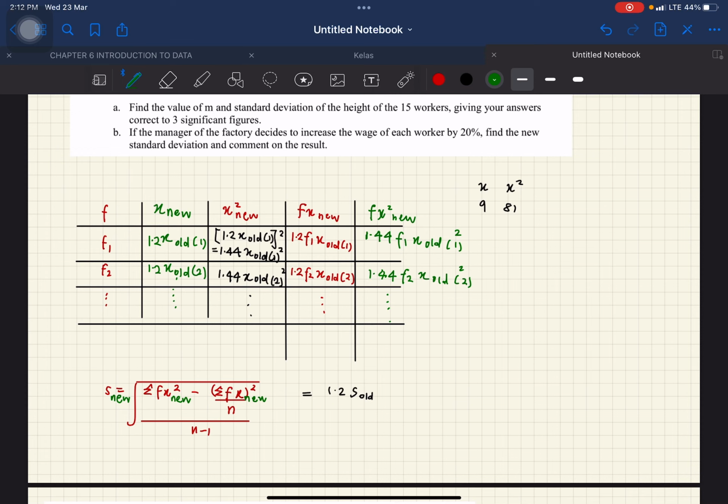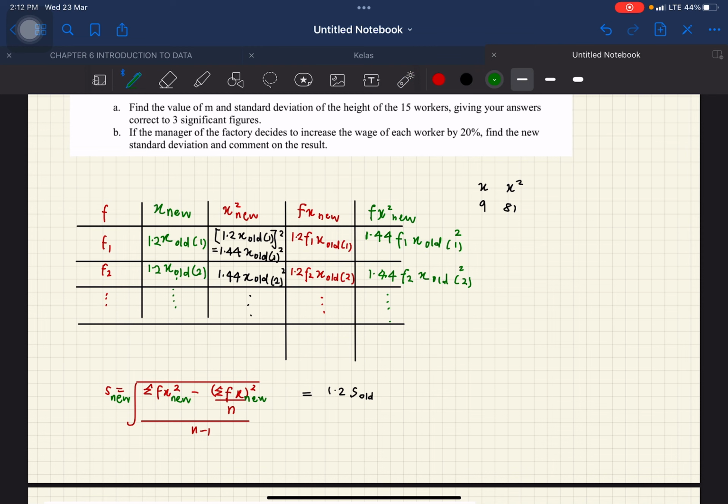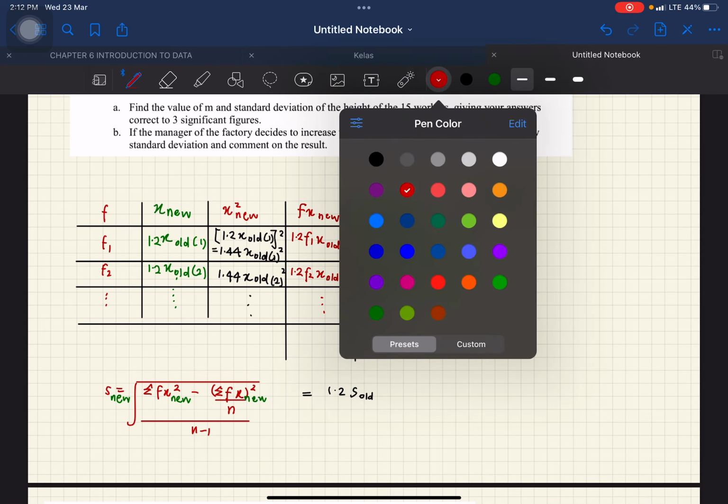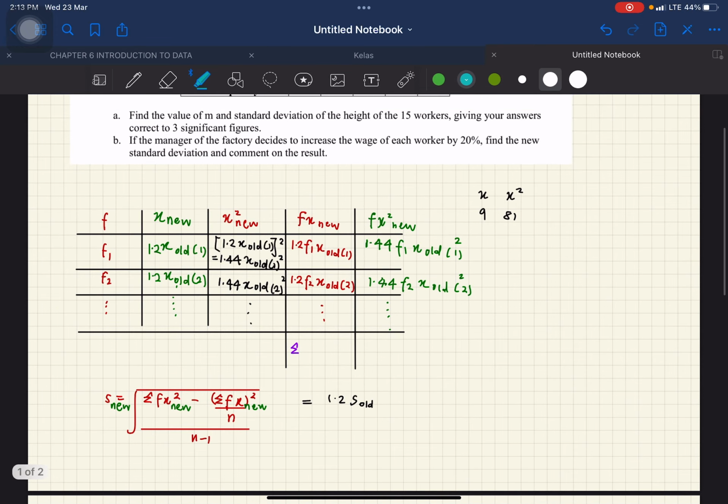Okay, that's it. So kita nak cari this total and this total. So yang Fx yang ni kita masukkan dekat sini. This one kita akan gunakan dia dekat sini. Right? So saya guna pen warna lain. So we are going to get summation of, so kalau awak perasan, dia ada factor of 1.2 dekat depan.